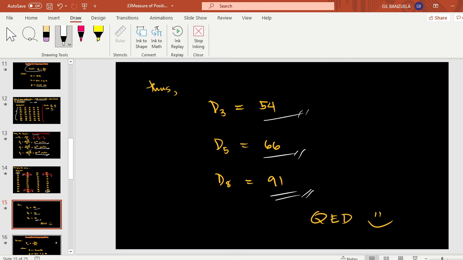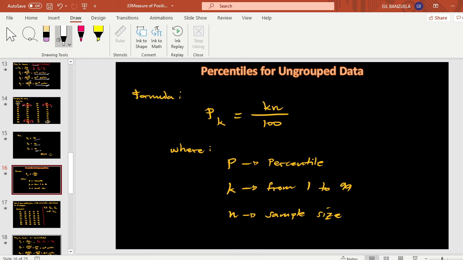And finally, we're going to discuss the percentiles for ungrouped data. For our formula, we have P sub k equals kn over 100. Since we are talking about percentiles, we divide kn by 100. Take note that P is percentile, k is a number from 1 to 99, and n is still the sample size.